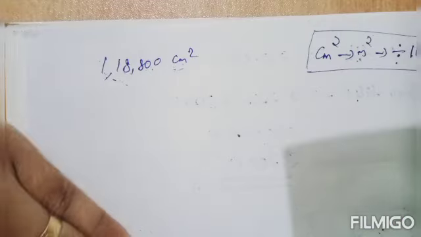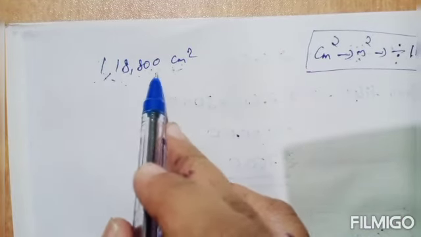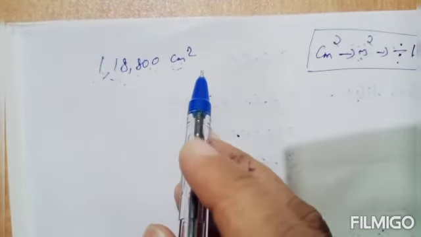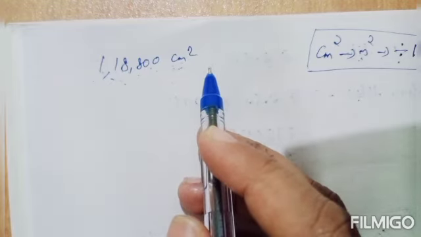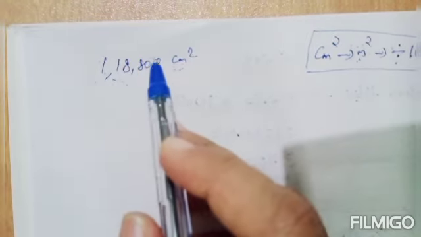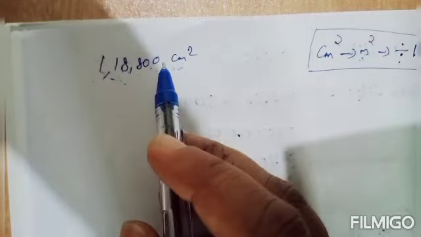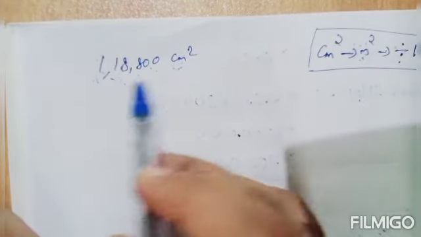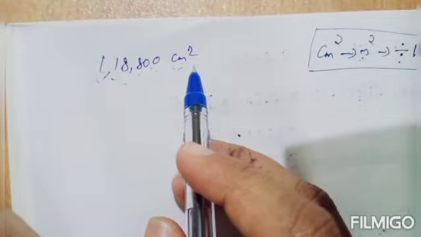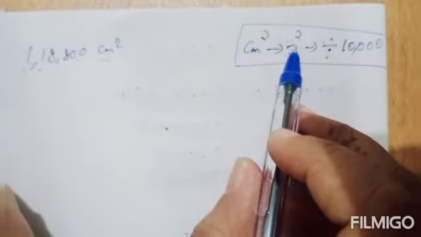Okay. Now this 1,18,800 centimeter square you have to write in square meter. Okay, it is given in the question: give your answer first in square centimeter and then in square meter. So we have to convert this 1,18,800 to square meter. How can you convert centimeter square to meter square?